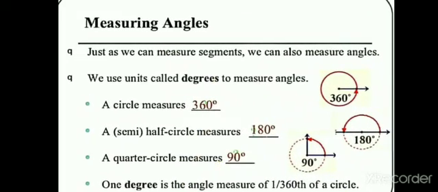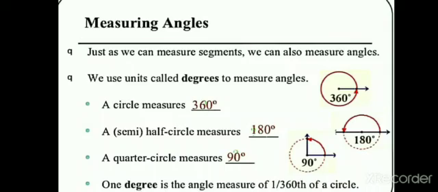Measuring angles. Just as we measure line segments, we also measure angles. First of all, before teaching you what measuring angles is, I should say what an angle is. An angle is the measurement of direction of the two rays joining at the same point.